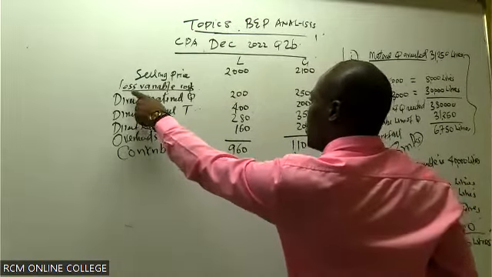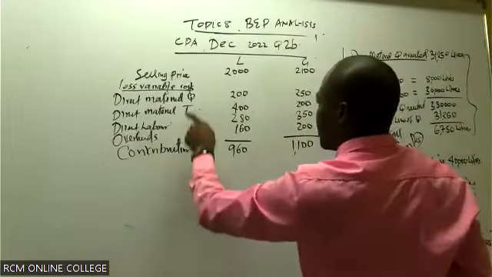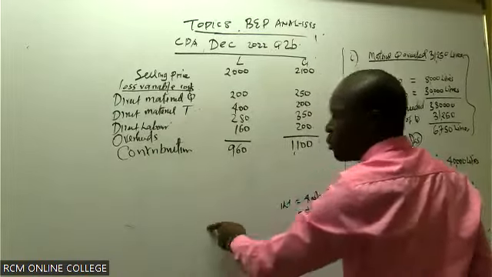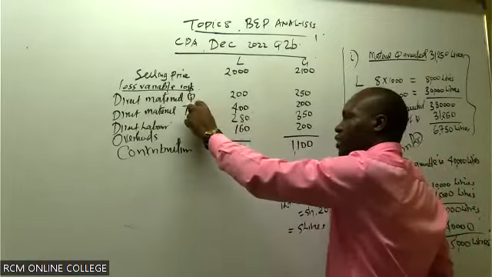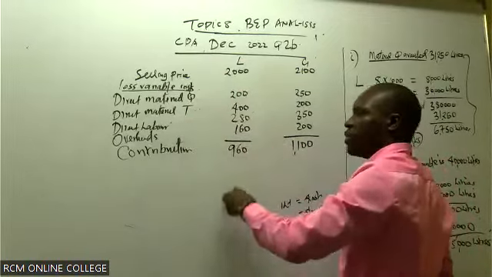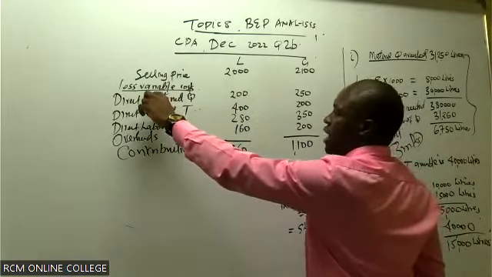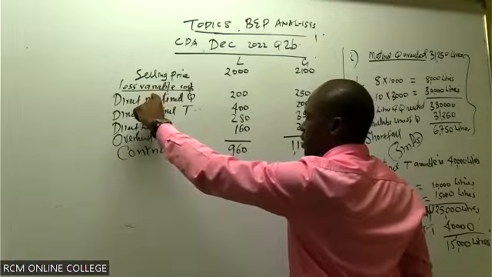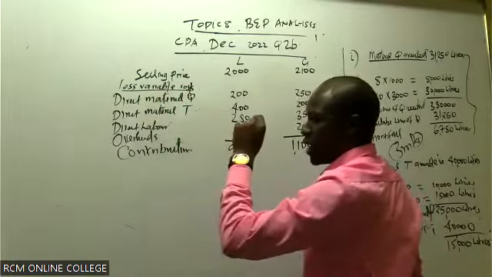Material Q, if you come to variable cost, if you come to contribution, it is selling price less variable cost. The variable cost, we have direct material, we have direct labor, we have variable production overheads. And direct materials are here, 2 different materials. Both of them are going to form part of the product cost.